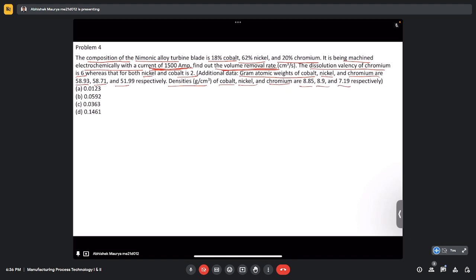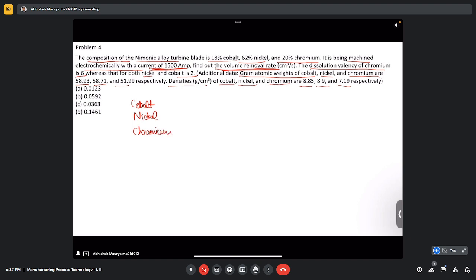Okay, so now let's list down what things are given. First of all, we have an alloy which has these three elements: cobalt, nickel, and chromium.